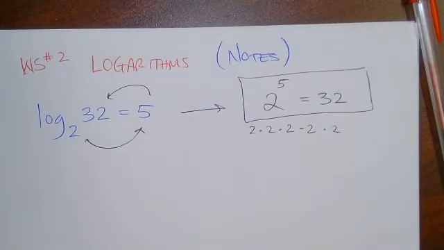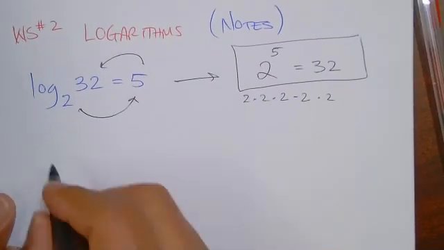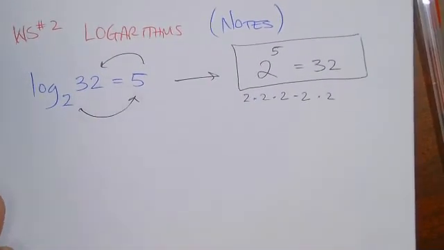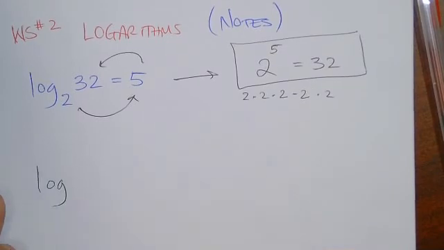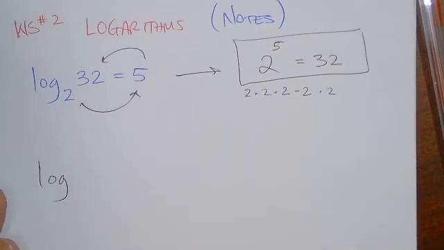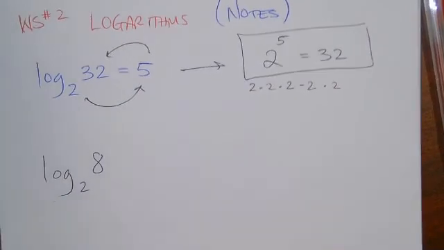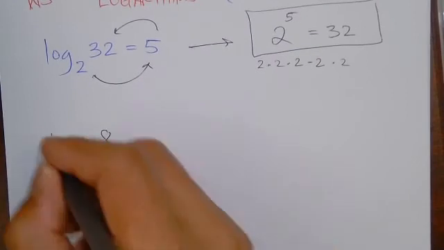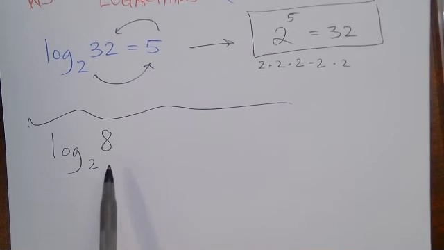Now, yesterday on the third set of problems, you had a problem like this. It didn't have all these three parts. On yesterday's assignment, you had something like log 2 of 8. This is from yesterday's homework, the last part, not the part where you had to change from exponential to logarithm.